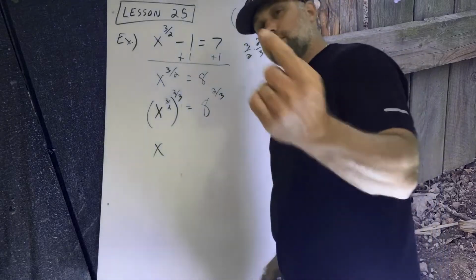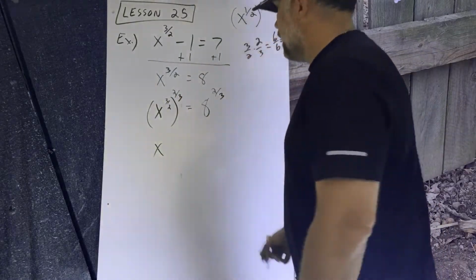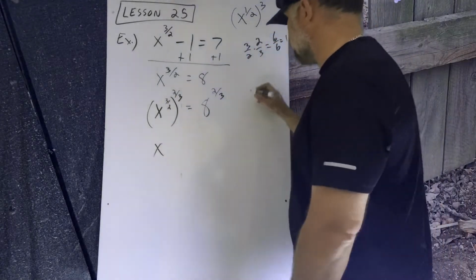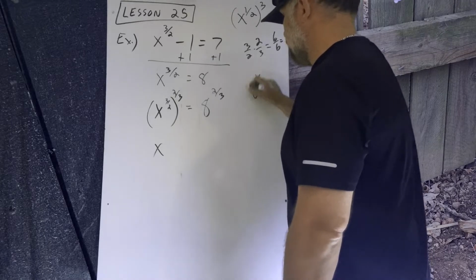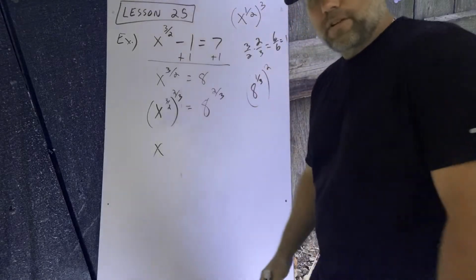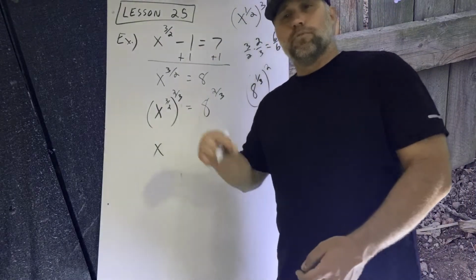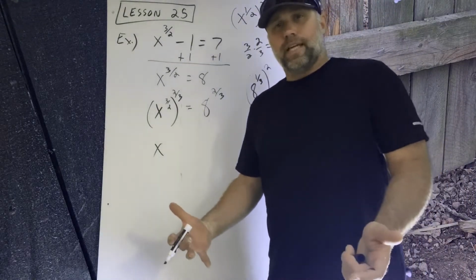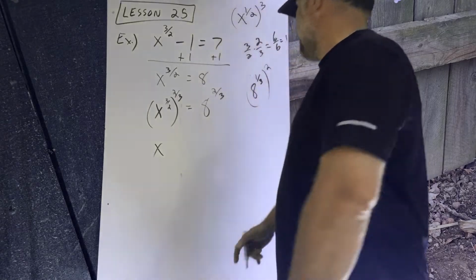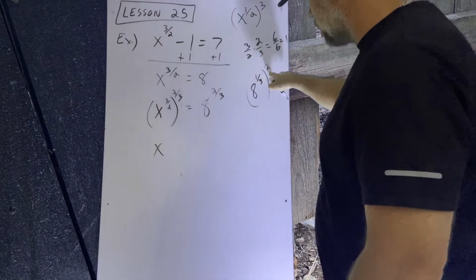So now this brings us back to what we did in the last lesson. How do I raise 8 to the 2/3? Well, that's the same as taking 8 and raising it to the 1/3 and then squaring it. 8 to the 1/3 power means I'm cube rooting 8. The cube root of 8 is 2, and then 2 to the 2nd power is 4.